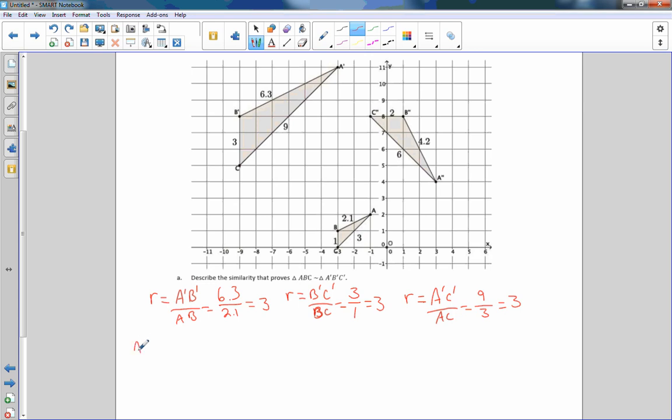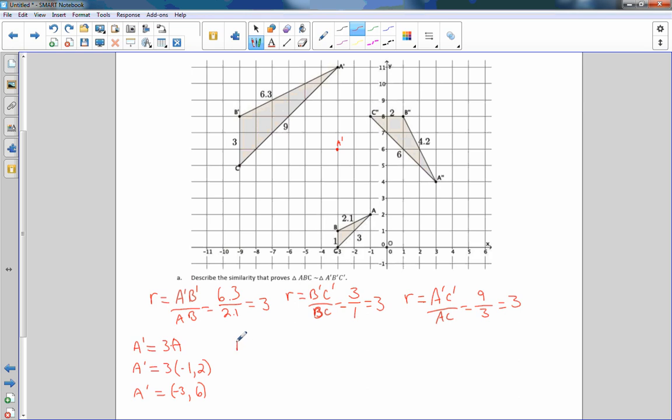So my A prime equals my scale factor times my point A. So A prime is going to be at 3 times, and my A is at -1, 2. So my A prime is going to end up at 3 times -1, which is -3, and 3 times 2, which is 6. So A prime is going to be -3, 6, which is right here, A prime.